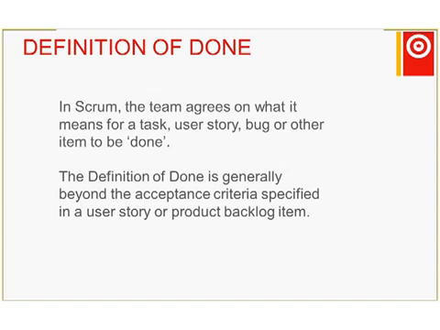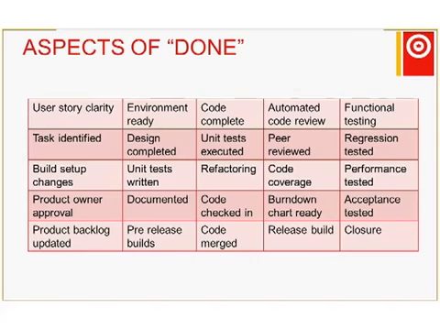For the concept of done, there's a whole variety of different items that we can consider. We can only know if something's done if we know what it actually is. So we do need a clear user story. We do need a clearly defined task.